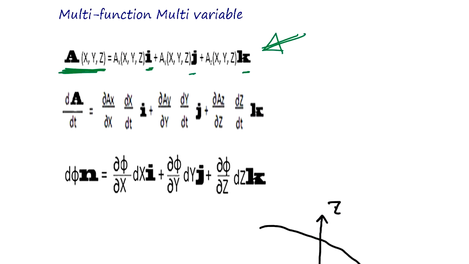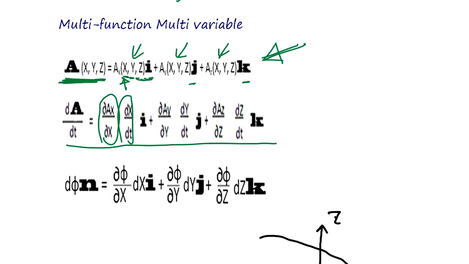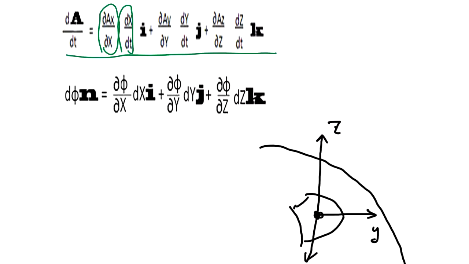Okay, so basically we have three functions, and for example, each one can be a function of x, y, z. But if A_x is a function of only x, we can simplify to this form, right? Now there are many assumptions here. You have to pay attention. For example, some value is a vector value.